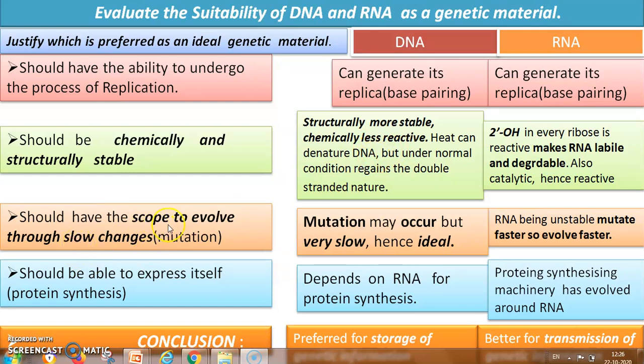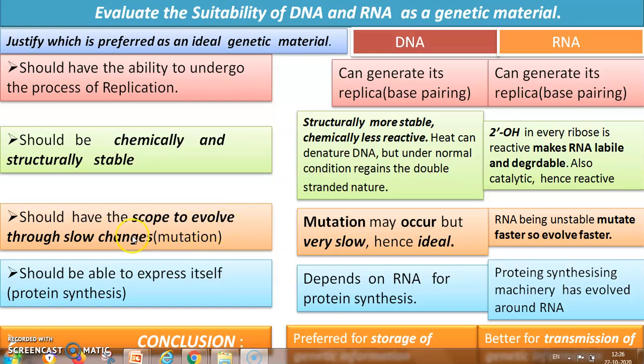Next, scope to evolve through slow changes. That is a must. See, from primitive man till today, we have changed so much. That is due to gradual and very slow mutations that have come up in our sequences, because of which today's man looks so different from the primitive man. For any organism this goes right, but the mutation should not be very frequent.